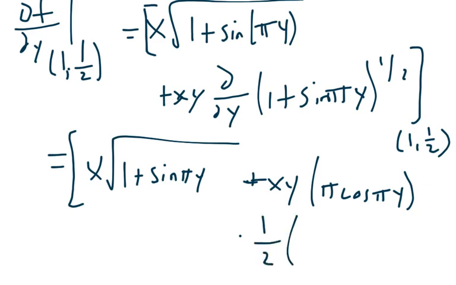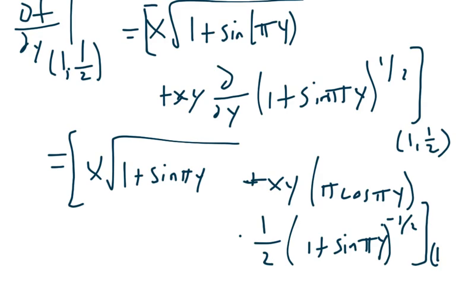It's 1/2 times 1 plus sine pi y to the minus 1/2, all at the point 1, 1/2. Ran out of room there. Okay. So let's try this on the next page.